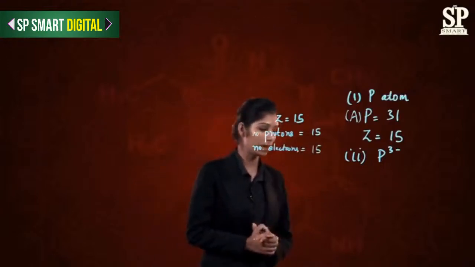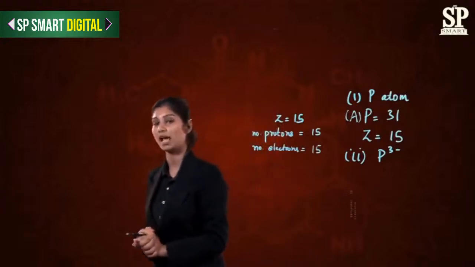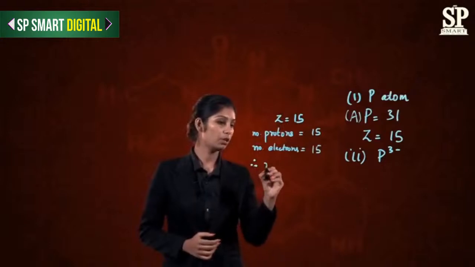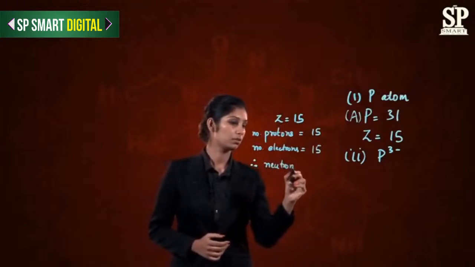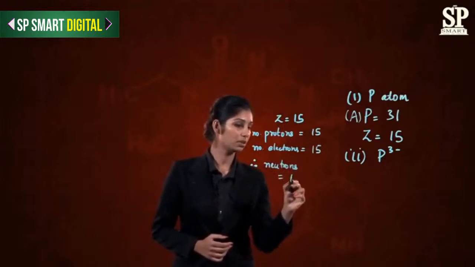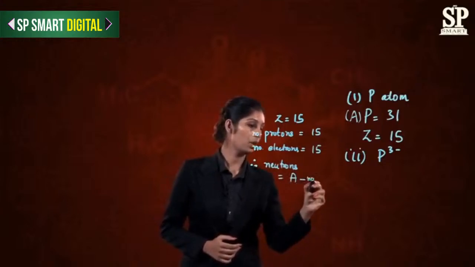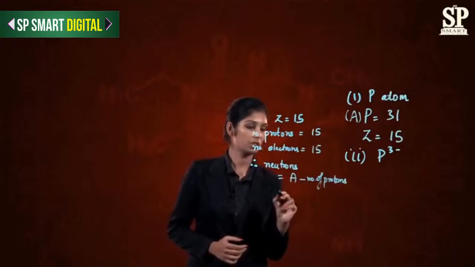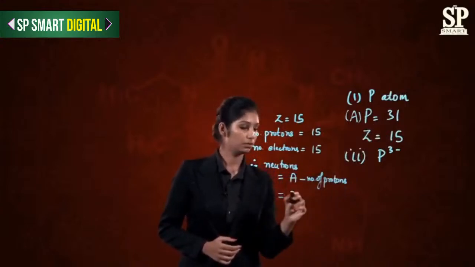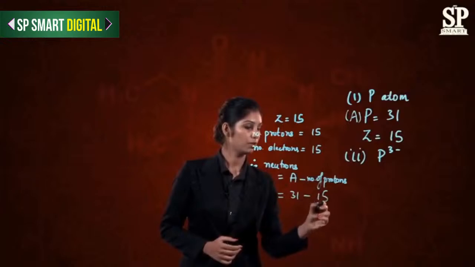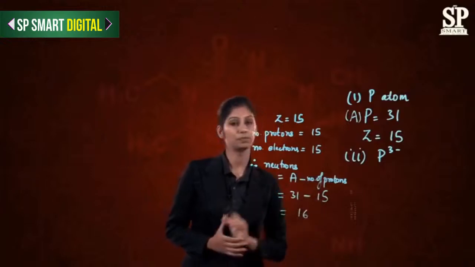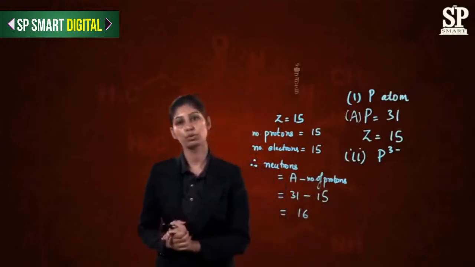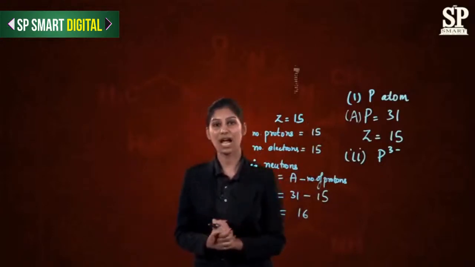We know that the mass number is the sum of the number of protons and number of neutrons. Therefore, the number of neutrons will be mass number minus number of protons, which is equal to 31 minus 15, 16. Hence, we have calculated the number of electrons, protons and neutrons for phosphorus atom.